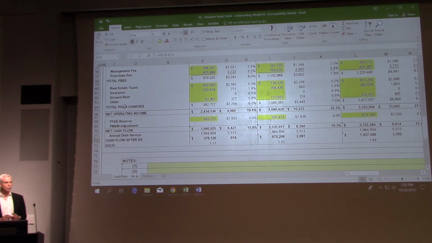Yes? Because hotels are really an operating business, and they can be volatile. So if you're in a seasonal resort, whether you're at the beach or you're in the mountains, you're going to have months where you're 100% occupied, and you're going to have months where you may only be like 30% occupied, and shoulder months where maybe you're like 50 to 70% occupied.